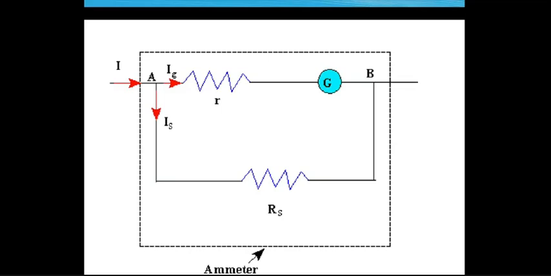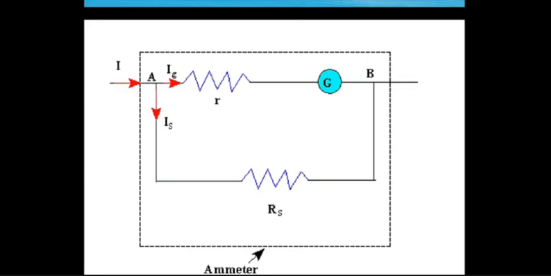Simple circuit theory. These two equations together can be used to calculate the required Rs for a given I, assuming that Ig and r are known for the galvanometer that you have been given. We'll do the numerical example later, but this is the basic idea.